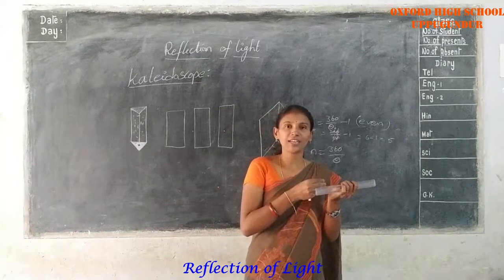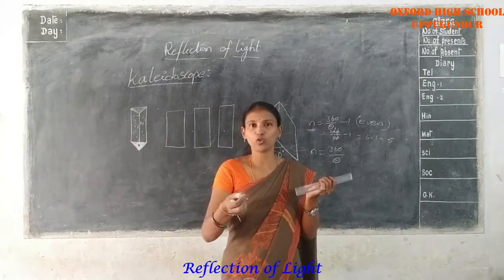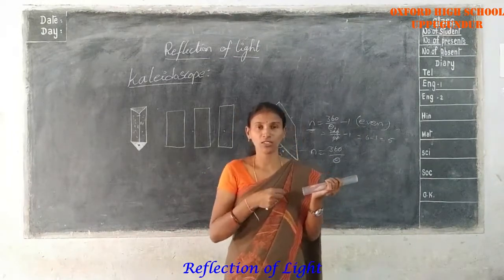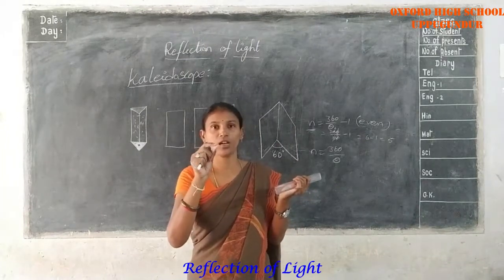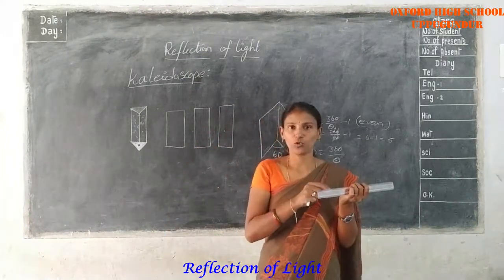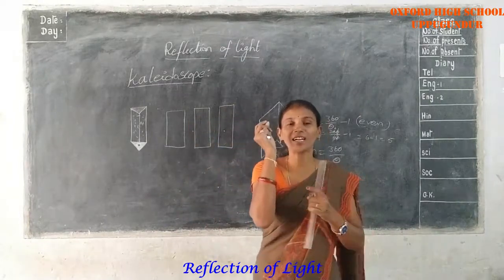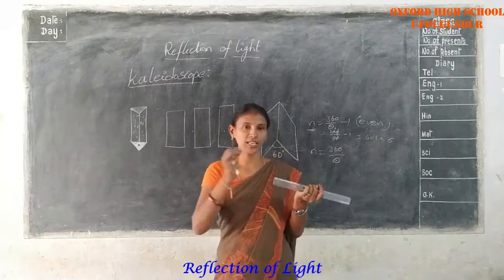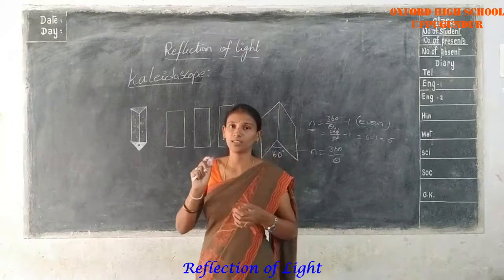Okay, and inside keep any shining material, like stones. Stones means on cloth you can see some shining stones. Okay, also colored glass bangle pieces. Anyone you take, keep inside of the mirrors.